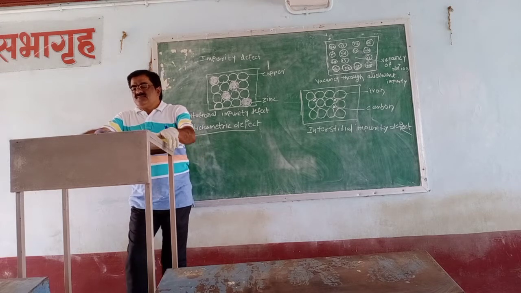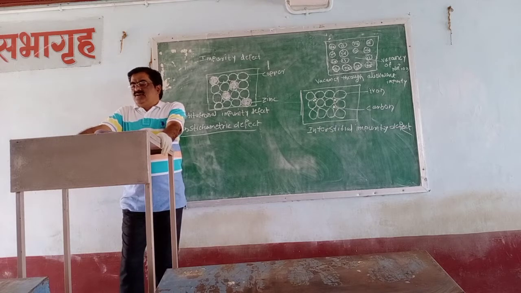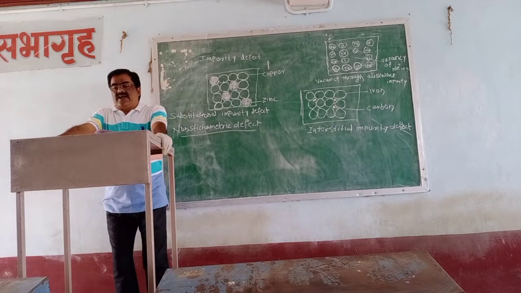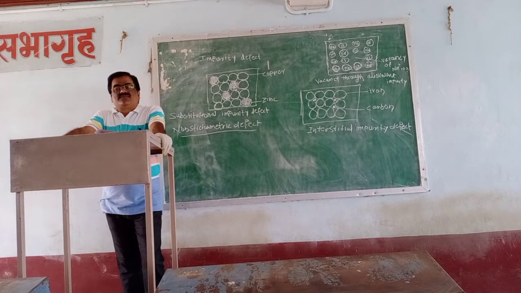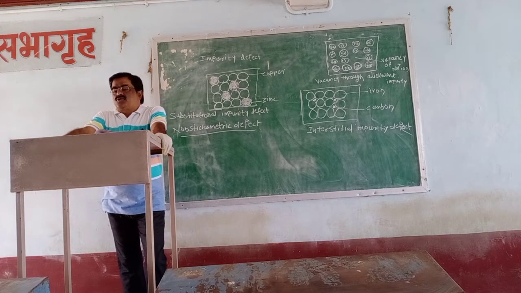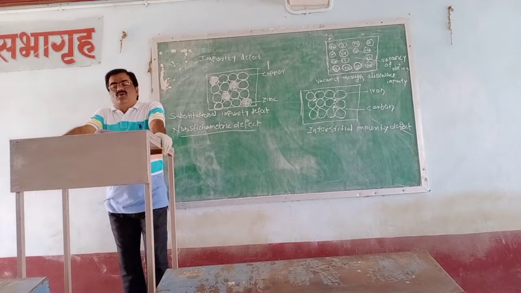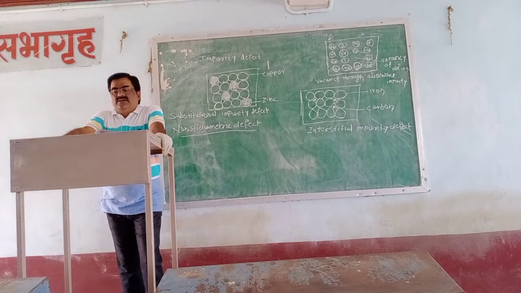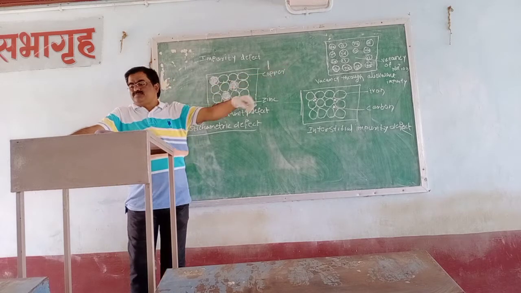Then, vacancy through aliovalent impurity. Vacancies are created by the addition of impurities of aliovalent ions, that is, ions with oxidation states different from that of the host ion. Suppose that a small amount of SrCl2 impurity is added to sodium chloride, NaCl.